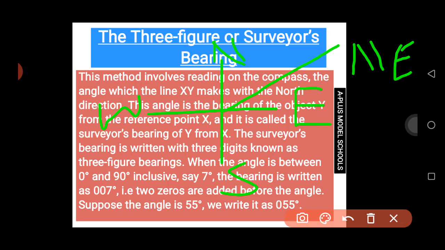Hope you are following what I'm doing here. My direction here is now northeast. So if this is my x and this is my y, if I want to look for the bearing of my y, I will look at it from my x. And if I want to look at the bearing of x, I will look at it from y.